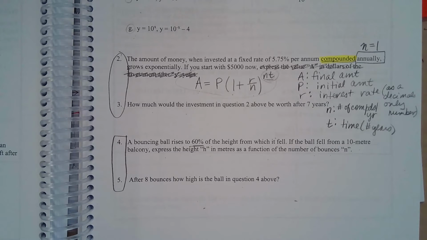From its first big bounce, the second bounce will only be 60% as high as the first bounce. Then the third bounce is 60% of the second bounce, and on and on. That's an exponential equation, because that 60% is constant. Every bounce is 60% of the previous bounce. When you have a constant rate like that, that's an exponential function.